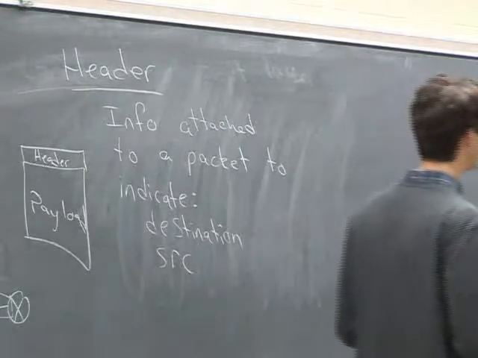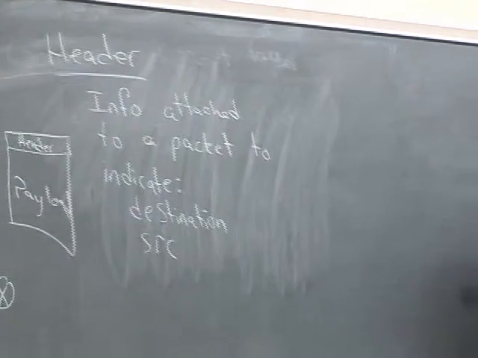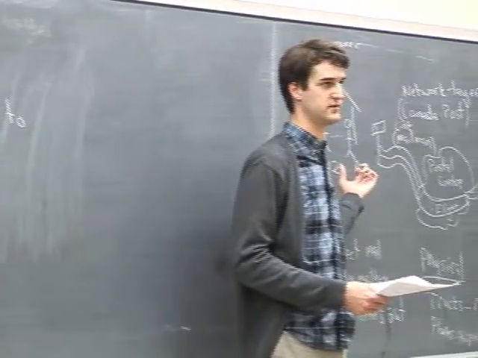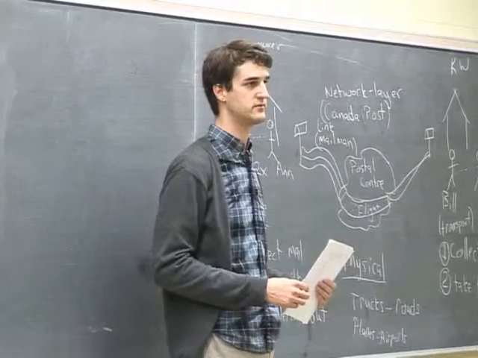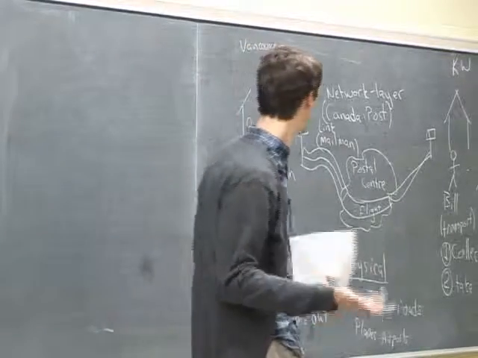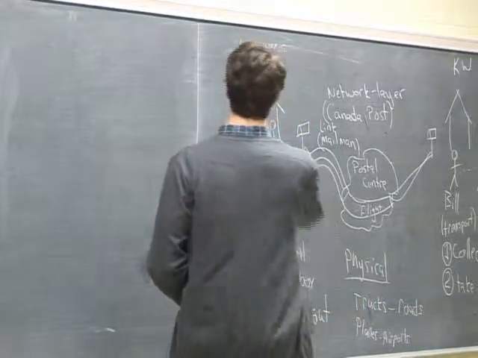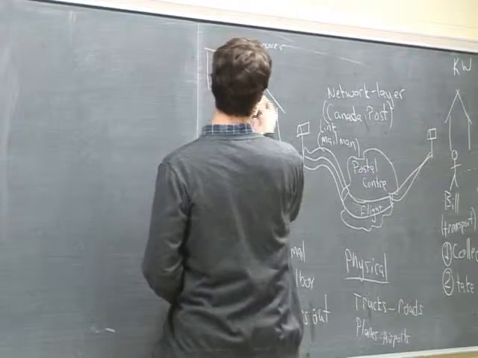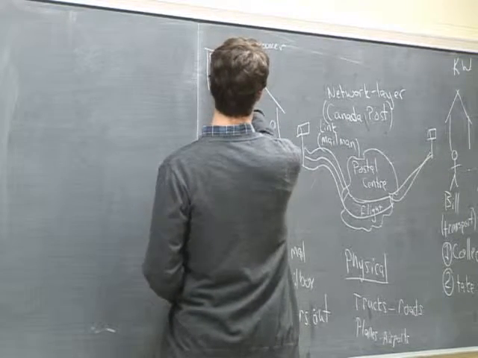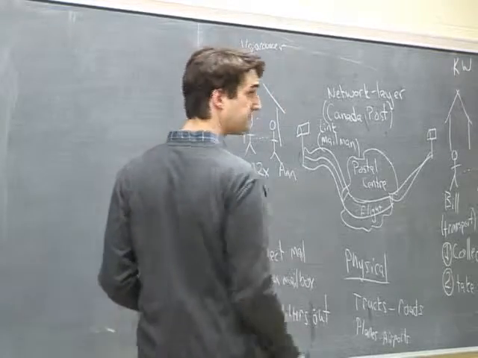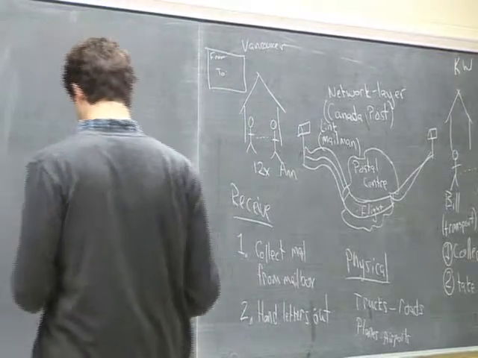So in our example here, can someone tell me what the header would be? In the back. Yeah, information written on the envelope. Yeah, exactly. So the answer is the information written on the envelope. So we have this envelope here, and we have to, and we have from. Right. All right, so that's the header there.